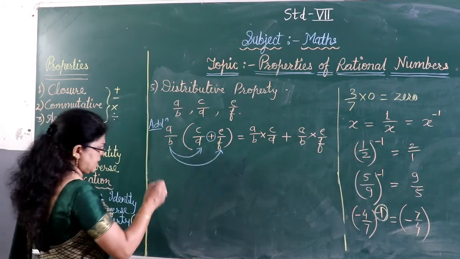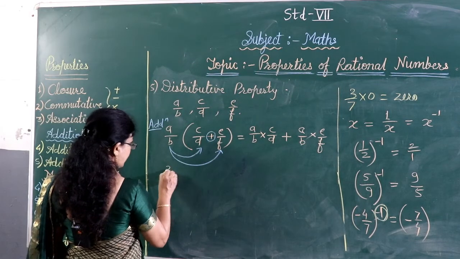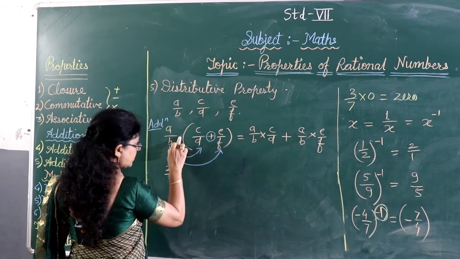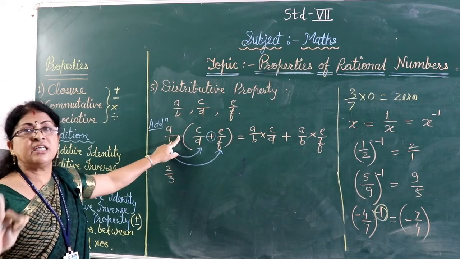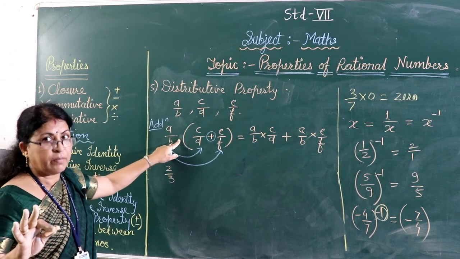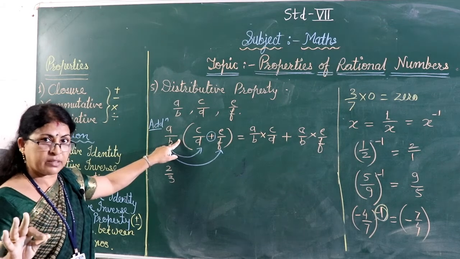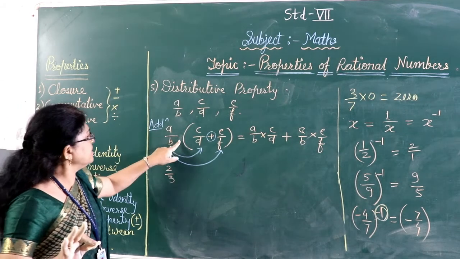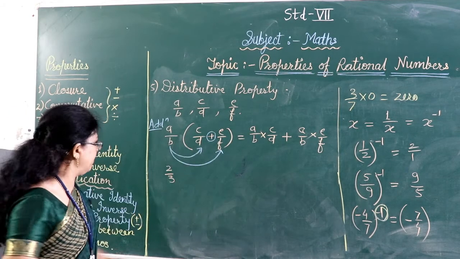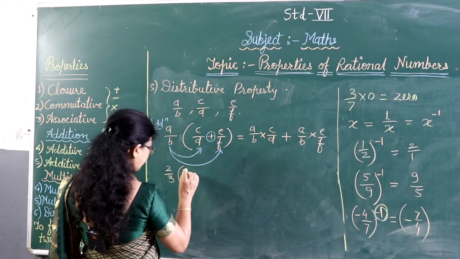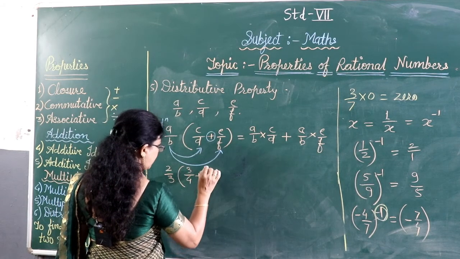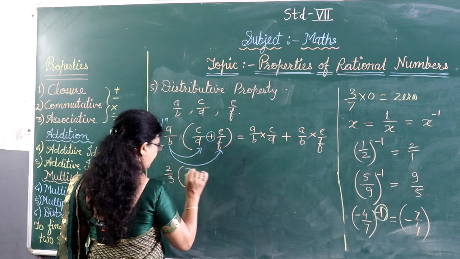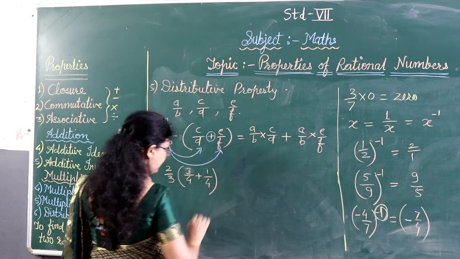Now we'll see an example. 2 upon 3 into, there is no sign given. Generally the sign is not written, meaning it is multiplied with the bracket. Mostly the sign is not written in mathematics. In the bracket, 3 by 4 plus 1 by 4, for example.